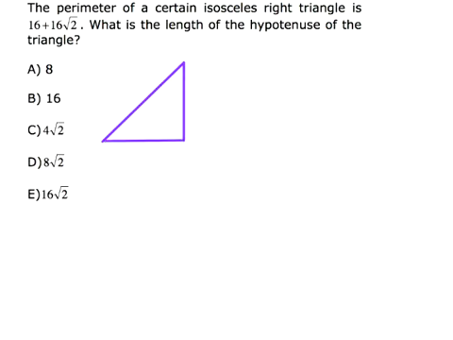The top you're just going to have to do, though. You're going to have to multiply it out. It's just going to be kind of icky. So here you've got 16 times 2 is 32. You've got 16 minus 16 root 2, plus 32 root 2, and then minus 32.